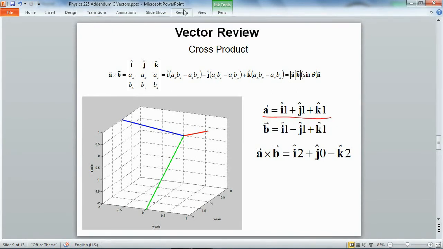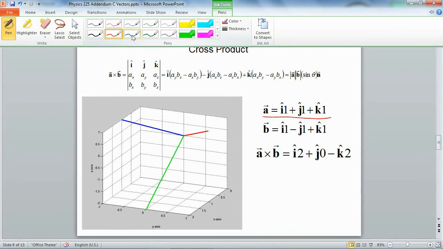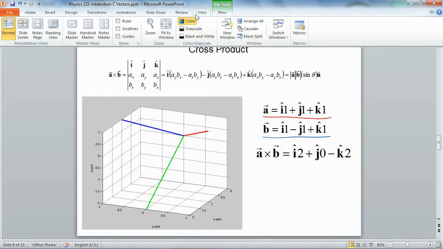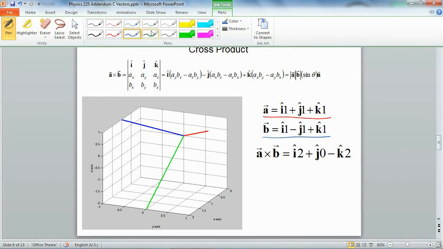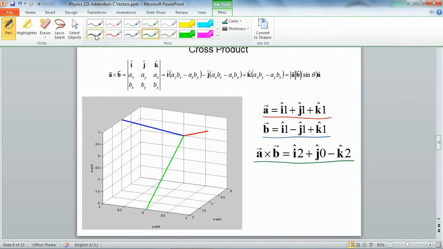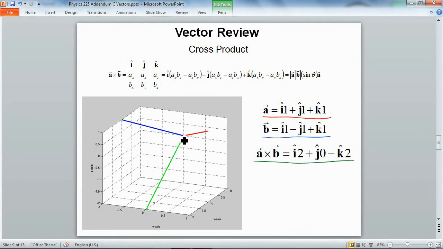And the B vector is going to be the blue. And the cross product is green. And what you would notice here is that the angle between the A vector and the cross product is 90 degrees.